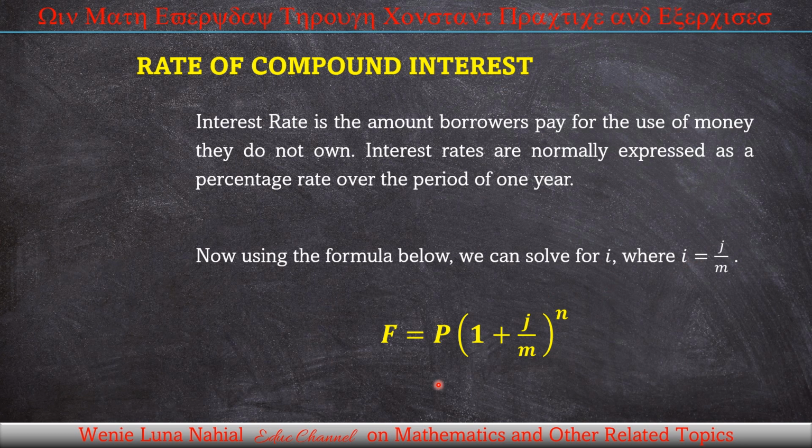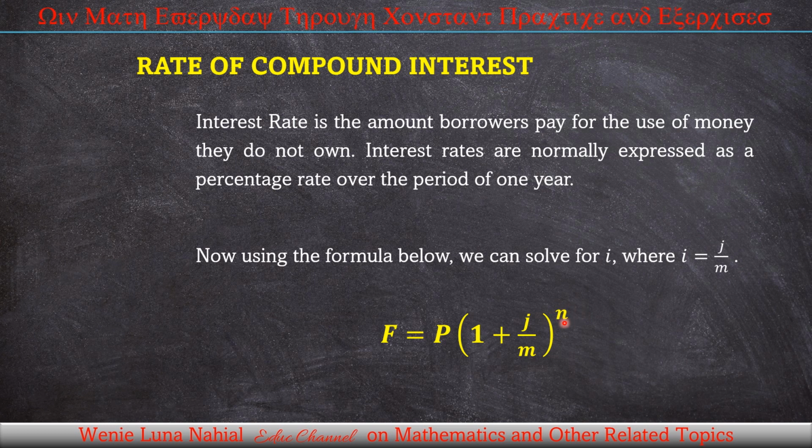So we have this formula, the compound amount or the future value represented by capital letter F equals the present value represented by uppercase letter P times the quantity 1 plus J over M raised to N. Now, let us be clear about the N here, the exponent.